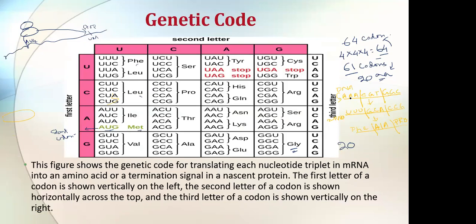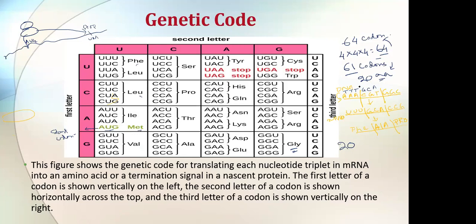You can see over here, when DNA is replicating, the complementary strand should be T, T, T, right? Then this should be C, G, C, A. Mutation means a change in the nucleotide sequence.